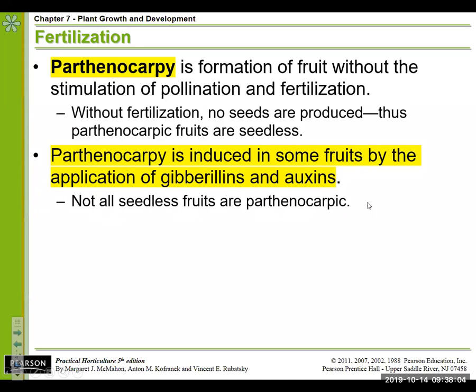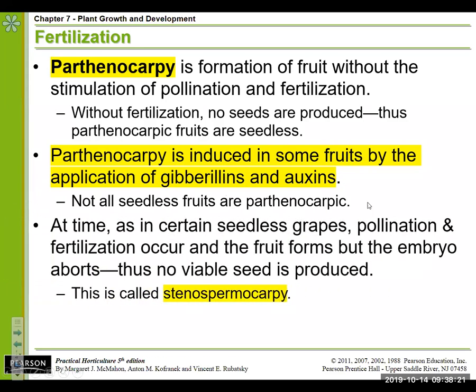And there are some ways that we can actually induce this. In some cases, it is actually genetic, but we can induce it by the application of some of the plant hormones that are naturally there, such as the gibberellins and the auxins. However, not all the seedless fruits out there that we have are parthenocarpic.